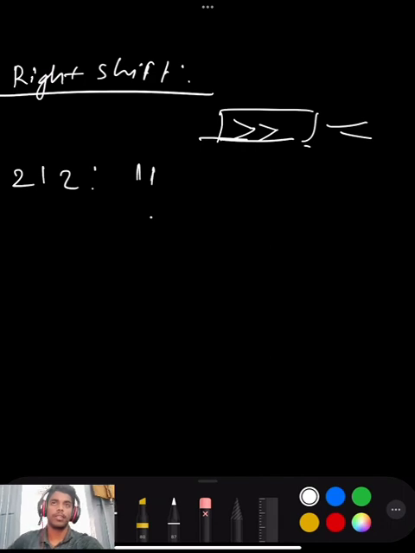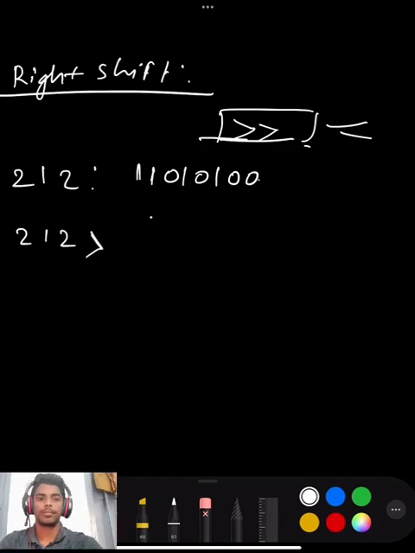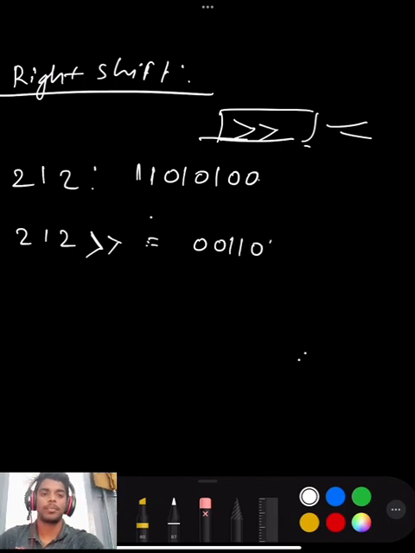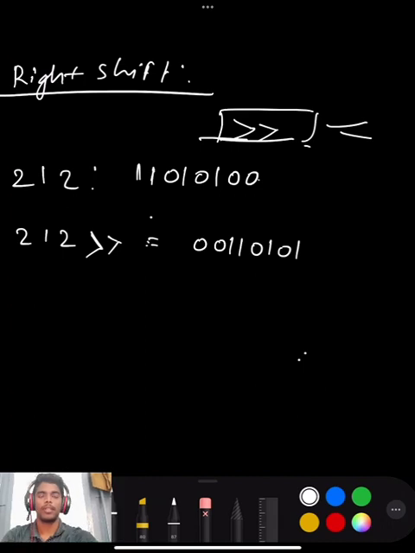Its binary number is 1 1 0 1 0 1 0 0. If 212 is shifted by 2 units using the right shift operator, then it will be 0 0 1 1 0 1 0 1. Understood? It is going to shift the 2 units from the right side.